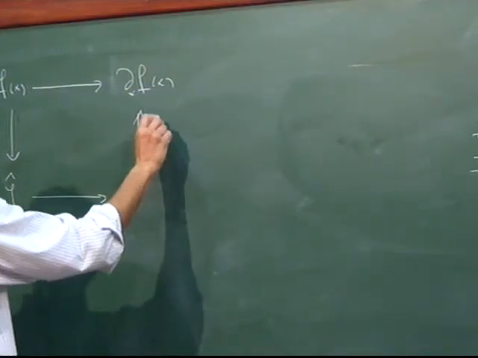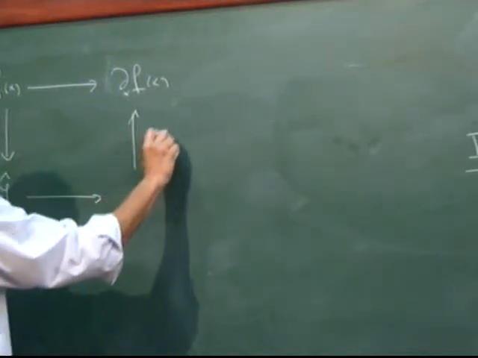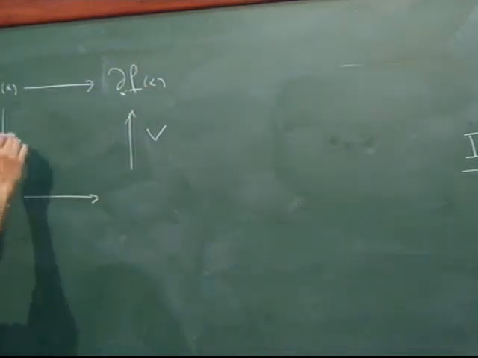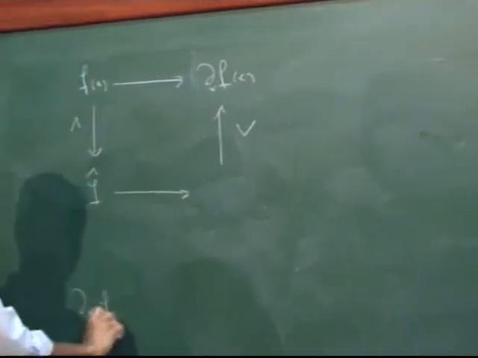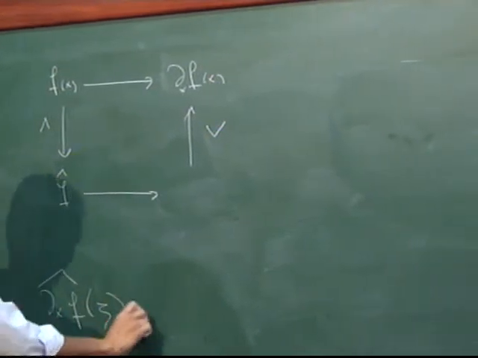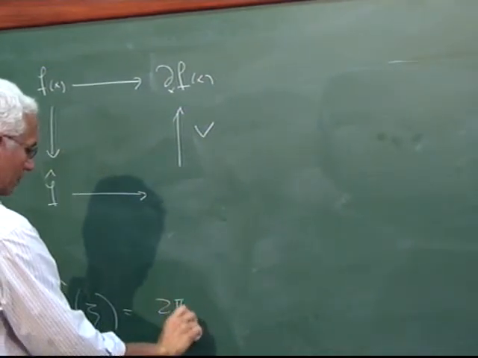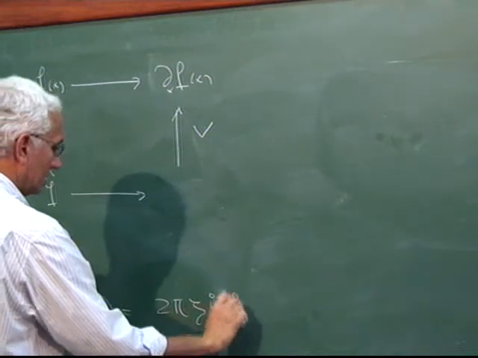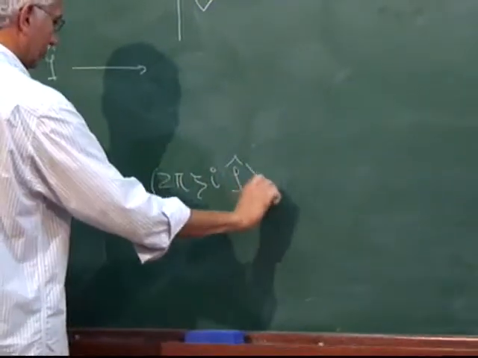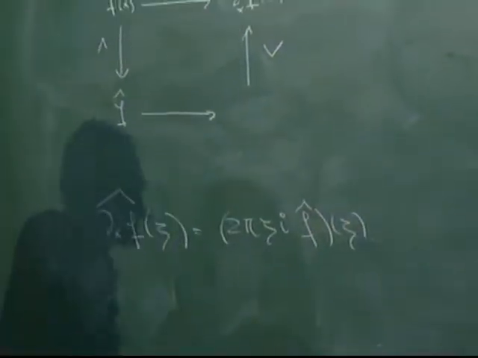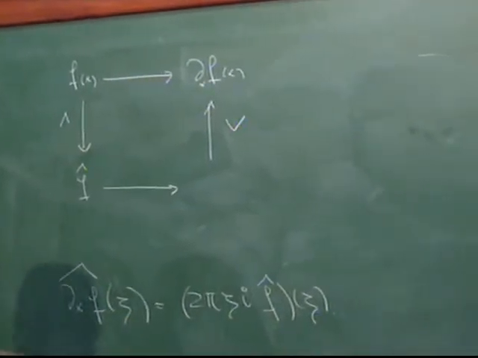What do you have? You go Fourier transform, Fourier inverse. Then to take derivatives, we saw that this is exactly equal to multiplying by 2 pi i xi f hat of xi, right? Is that with the right sign? Is that plus the right sign?